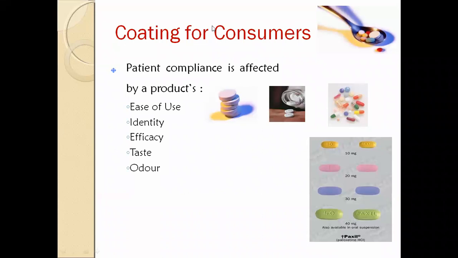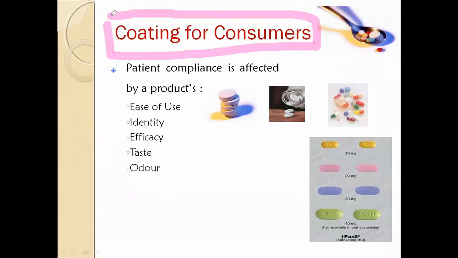Now let's talk about coating with respect to consumers. When we talk in terms of the pharma industry, normally the consumers are the patients. So patient compliance is affected by the products. You all know that. Suppose my product looks elegant in nature, has a good artistic look, there are more chances that the patient will adhere to the whole dosage regimen given by the doctor.